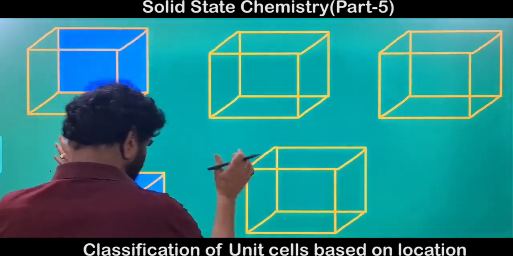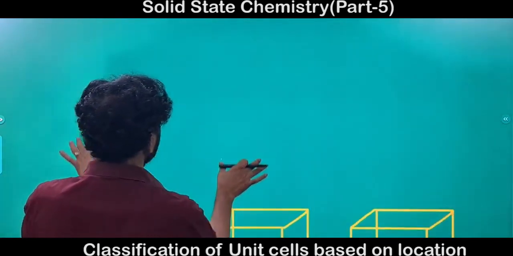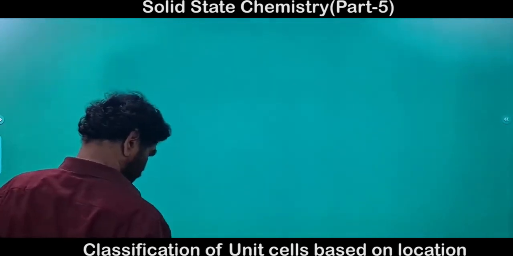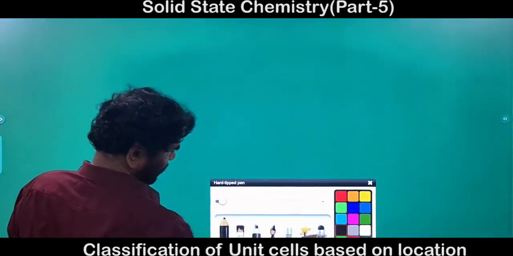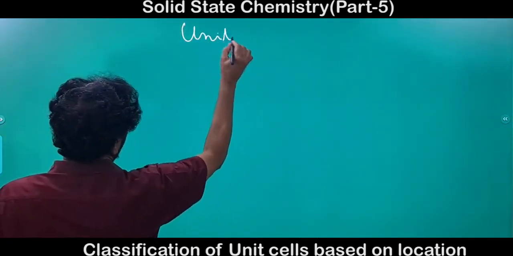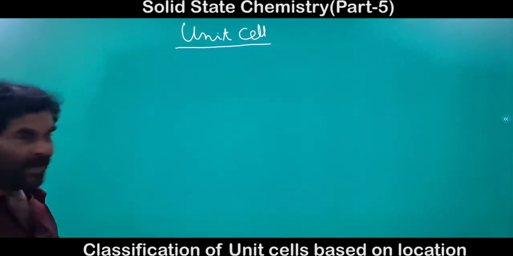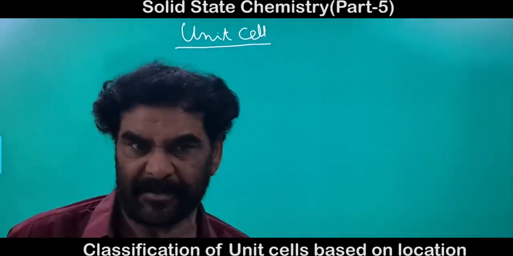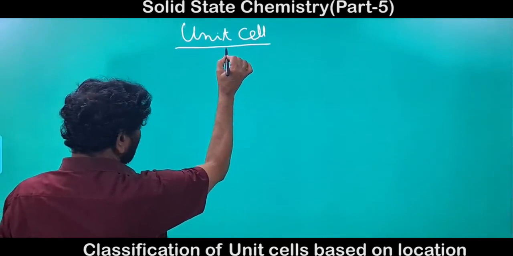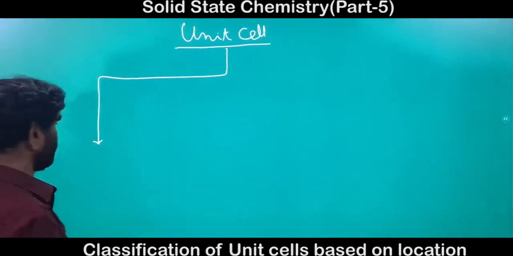Let me take the unit cell. Unit cell classification based on the location of the lattice points. Unit cells are basically classified into two types.